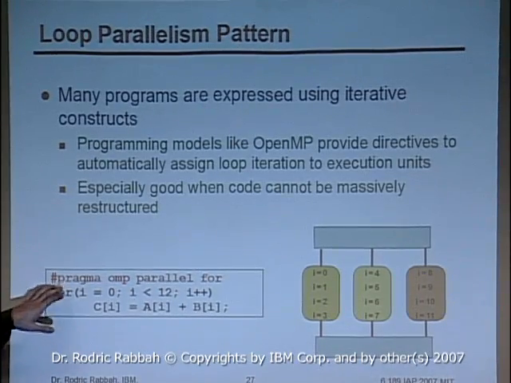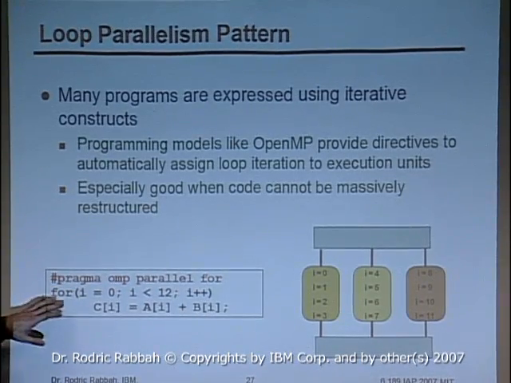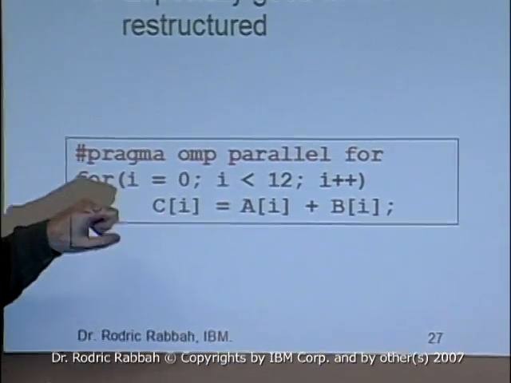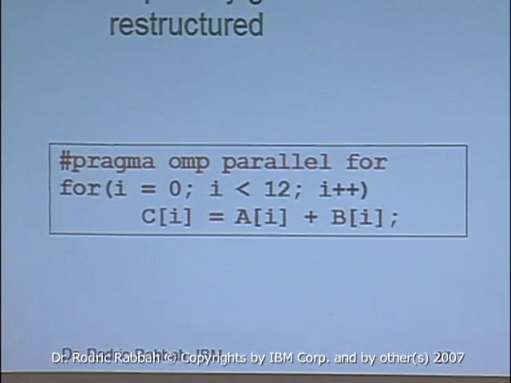So we saw in the OpenMP example, you have some loop, you can insert these pragmas that say this loop is parallel, and the compiler and the runtime system can automatically partition this loop into smaller chunks, and then each chunk can compute in parallel.